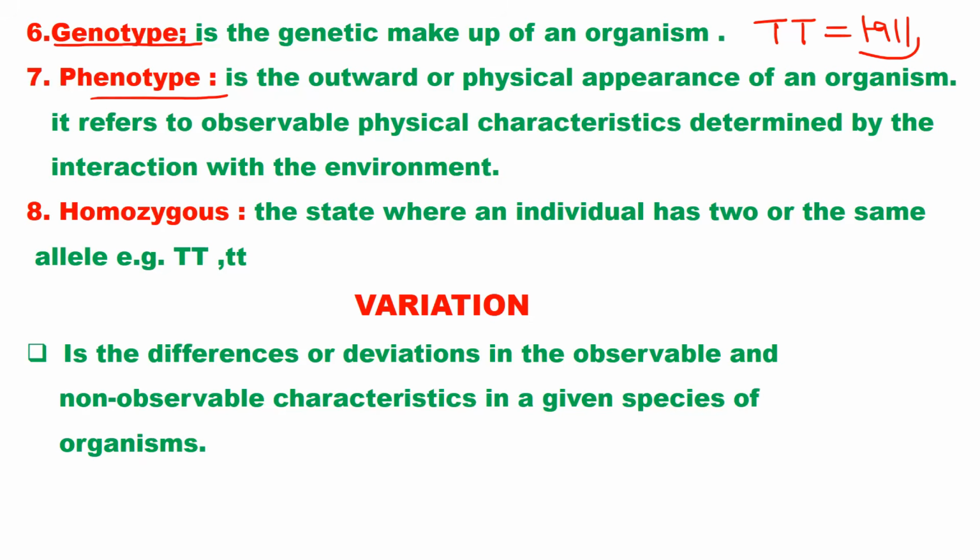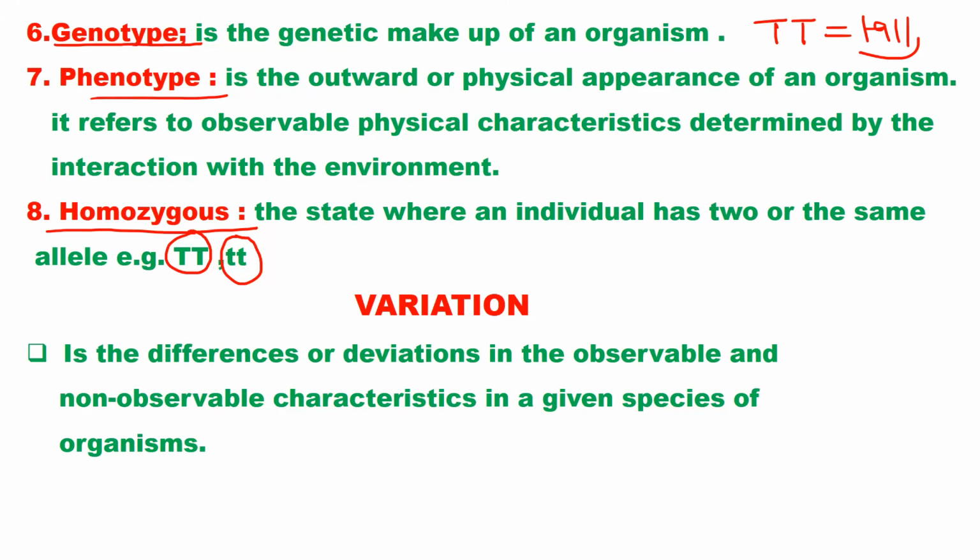Now, what about homozygous? These alleles that we've discussed can be homozygous or heterozygous. Homozygous means the alleles of a certain characteristic are the same, can be dominant or recessive.